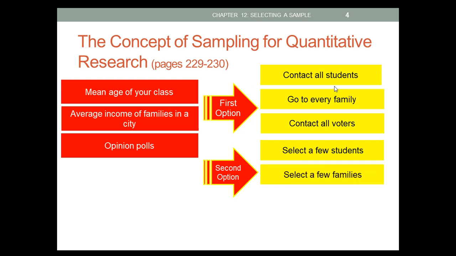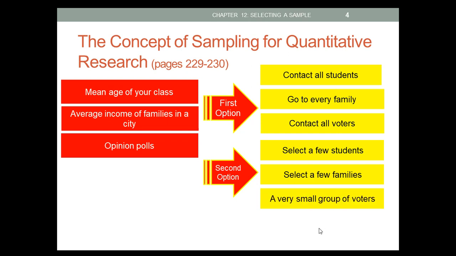Similarly, in the second example, rather than go into every family, you select, for example, 5% of the households in the city, or even 1%, or 50 households, or 100 households. Collect the data from them, and then you can compute the average annual income of the families who participated in your study. And then you can make an estimate of the average income for every family in the city.